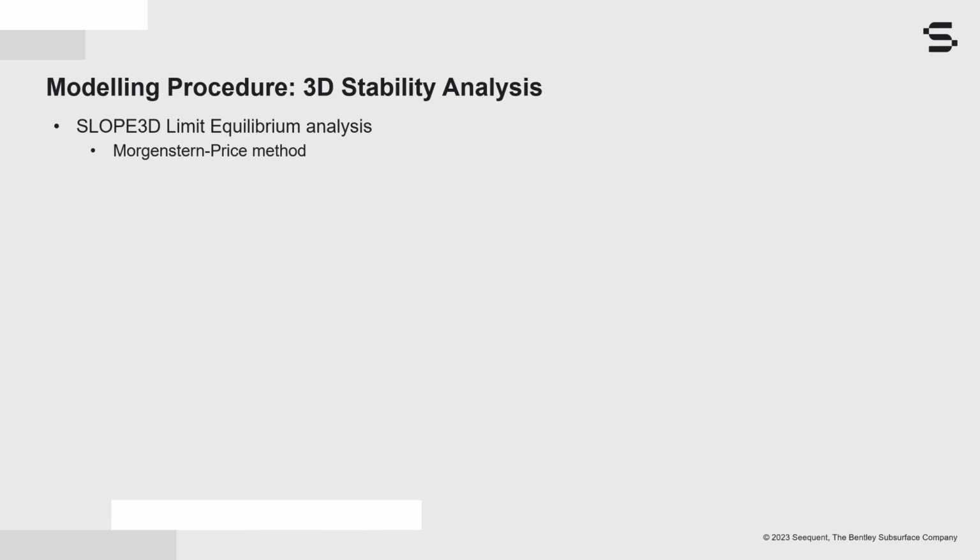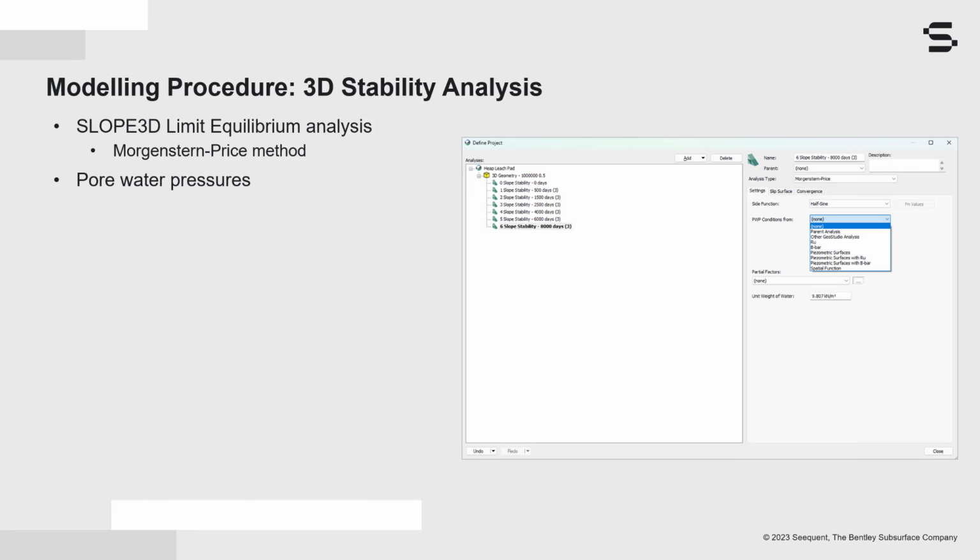Once the 3D seepage analysis is set up, we will move on to creating the stability analysis in SLOPE3D. We will use the Morgenstern-Price method. The pore water pressures in the 3D stability analysis can be defined using a piezometric surface, which we will review in the demonstration portion of this webinar, using the RU or B-bar methods similar to a 2D analysis, or by using pore water pressure conditions generated by a 3D finite element seepage analysis.